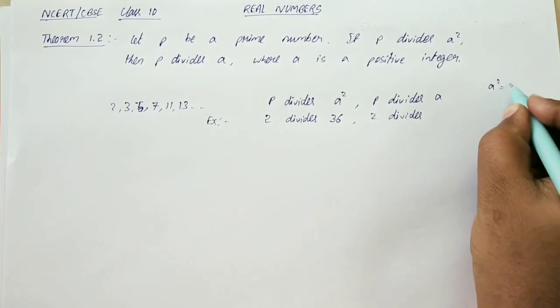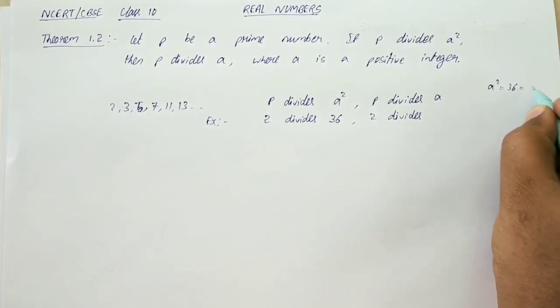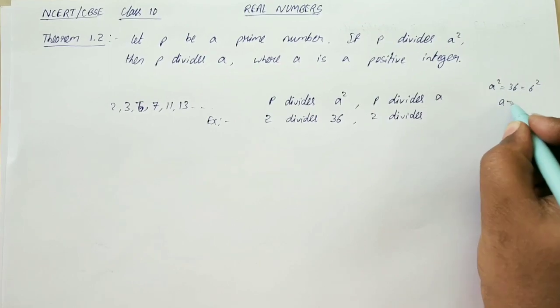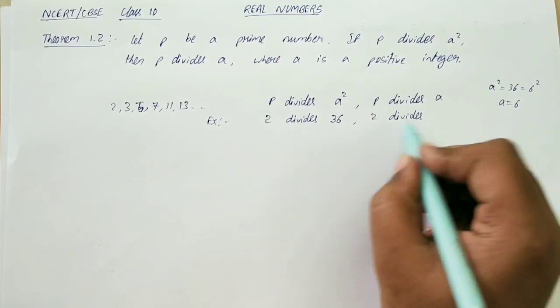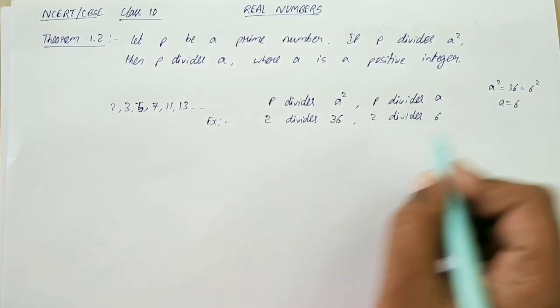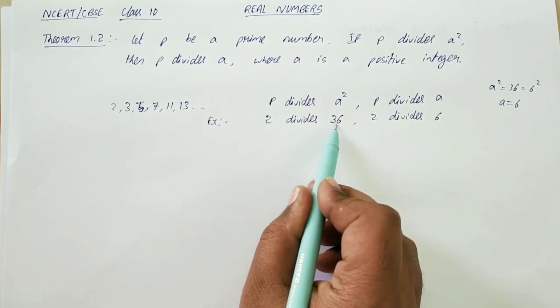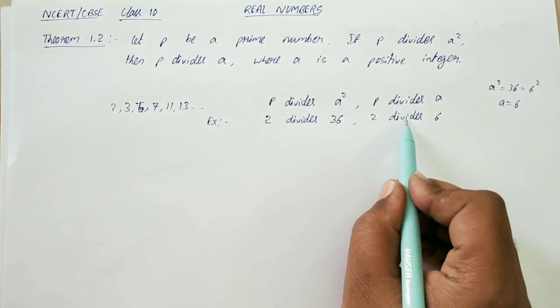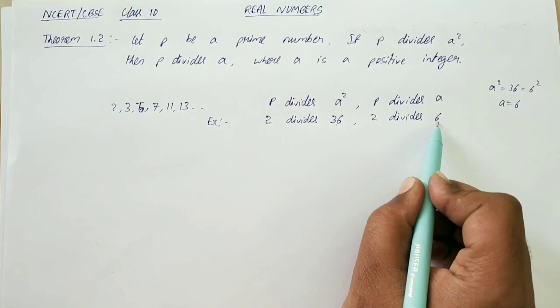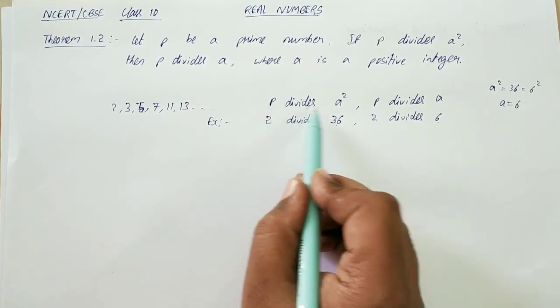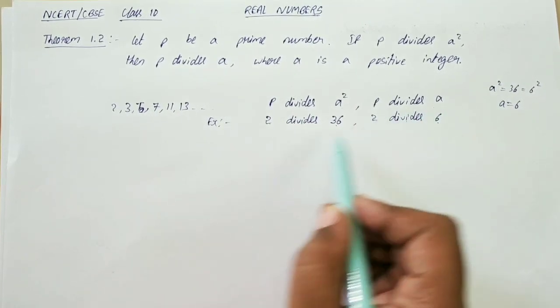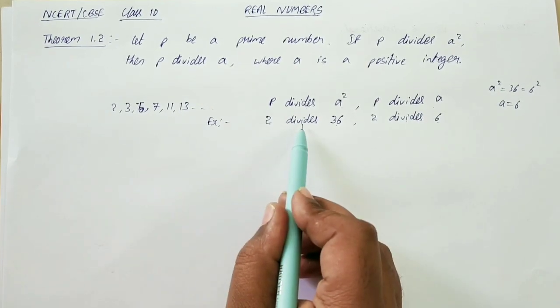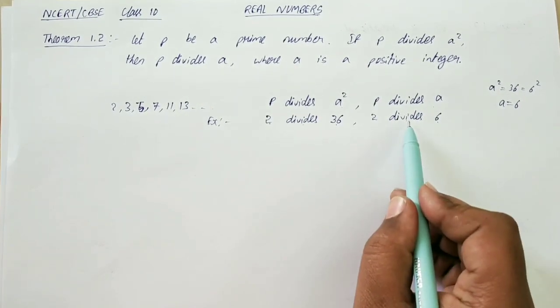If A square is equal to 36, this 36 can be written as 6 square, then the value of A will be 6, right? So 2 divides 6. So see here, if 2 divides 36, then 2 also divides 6, right? This is the statement they have given: if P divides A square, then P divides A. Likewise, if 2 divides 36, then 2 divides 6.